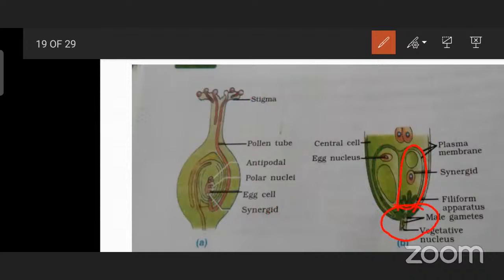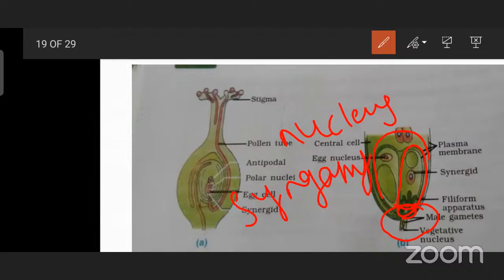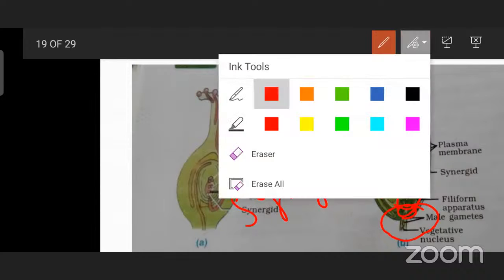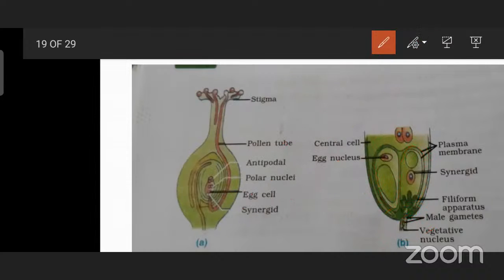So one of the male gametes moves towards the egg cell, and the nucleus of the male gamete fuses with the egg nucleus, thus completing syngamy or fertilization. This is the first fertilization. And next is the formation of the diploid cell, that is the zygote.